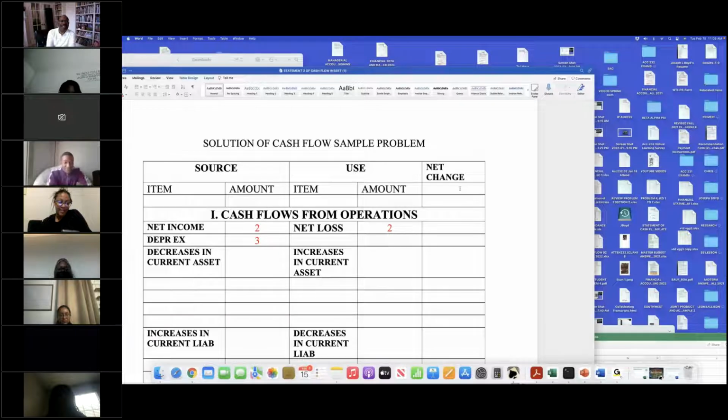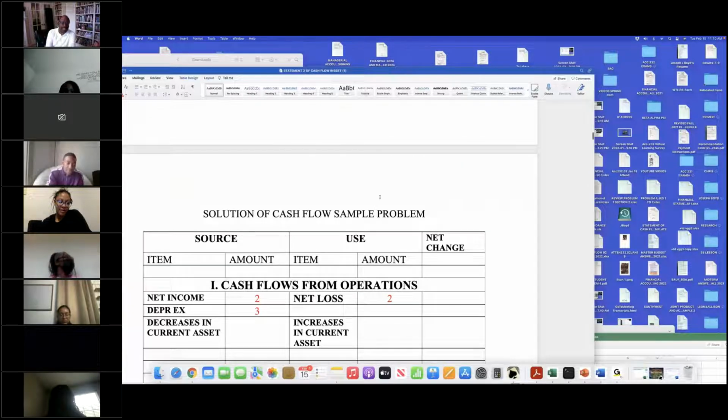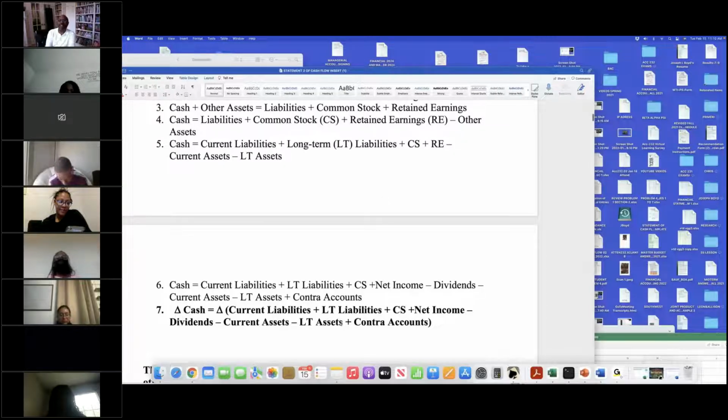We're never into memorizing, just like memorizing the journal entry or chart of accounts. So we're not into memorizing, but I do expect you to understand what's happening here. You will be tested on your understanding of what's happening.